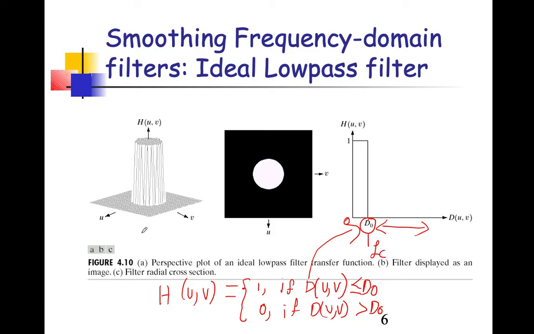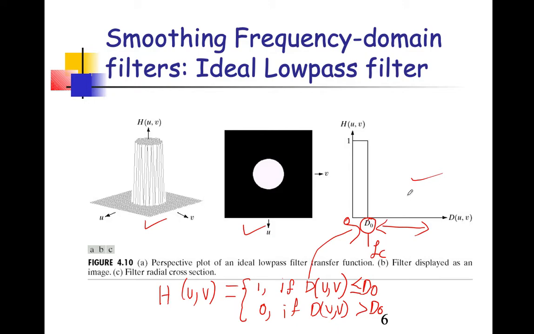This is a perspective plot of the ideal low pass filter, this is the filter displayed as an image, and this is the filter radial cross section. Normally it is called the output of your ideal low pass filter.